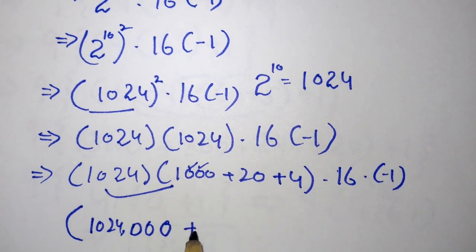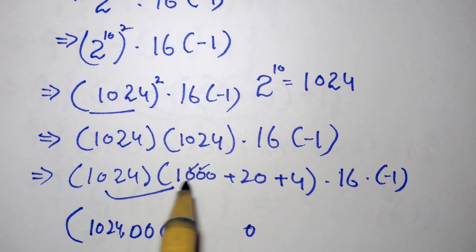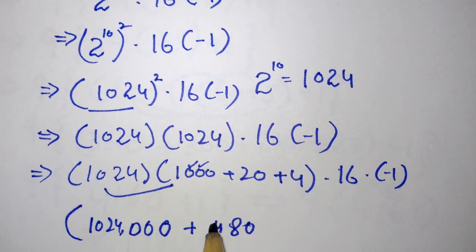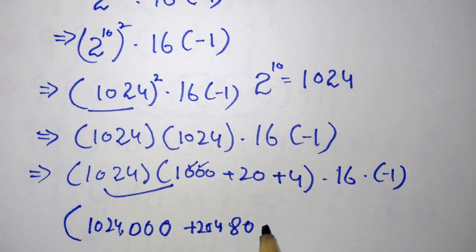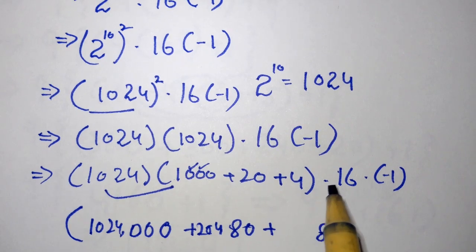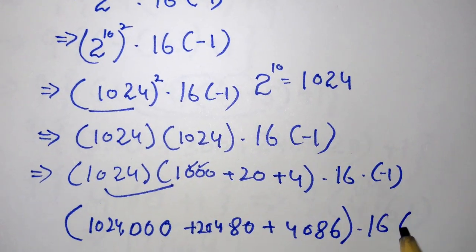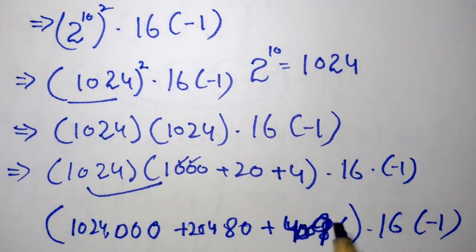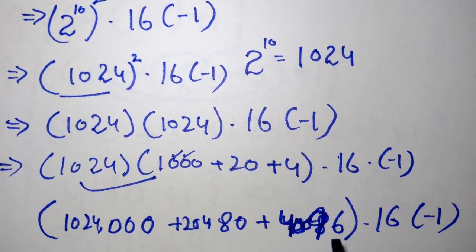Then 0 multiply 1024 will become 0. 2 multiply 1024: 2 4s are 8, 2 2s are 4, 2 0s are 0, and 2 1s are 2. Plus 4 multiply 1024: 4 4s are 16, 4 2s are 8, 4 0s are 0, 4 1s are 4, times 16 times minus 1. Here one mistake occurred. 4 4s are 16, 1 carried, 4 2s are 8, and 1 makes 9. So this will become 4096.